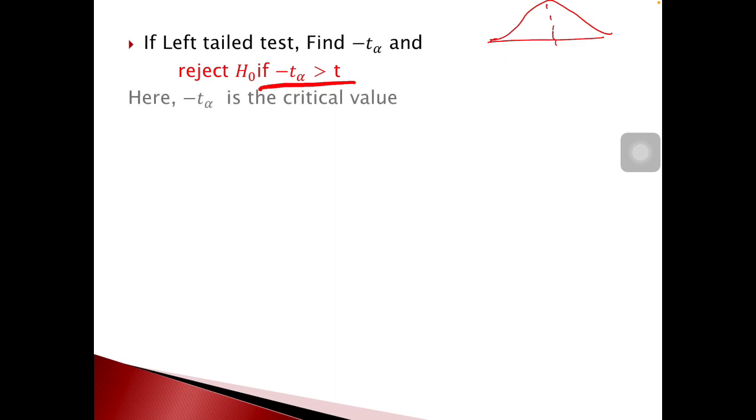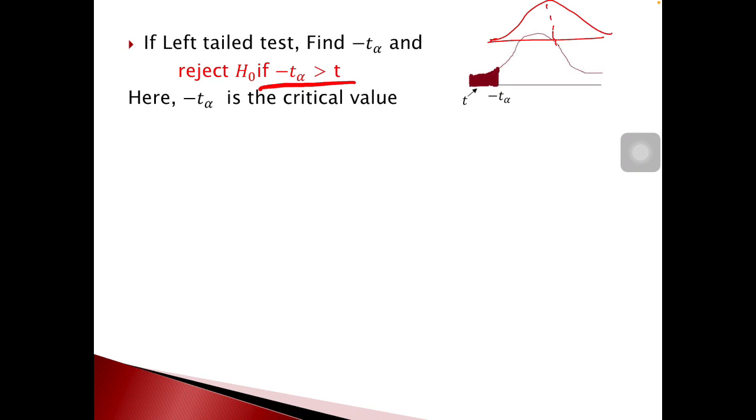If it is a left tail test, then we have to find negative T alpha. Remember that this T table is symmetric, same as the Z table, because we are taking the standardized version. So we reject if negative T alpha is greater than the T value.